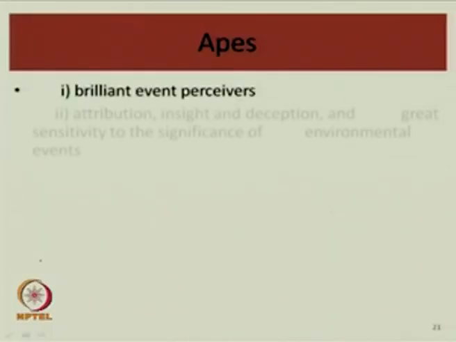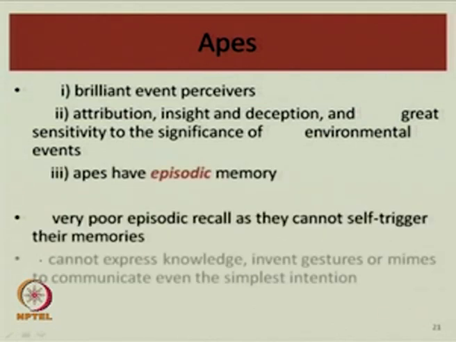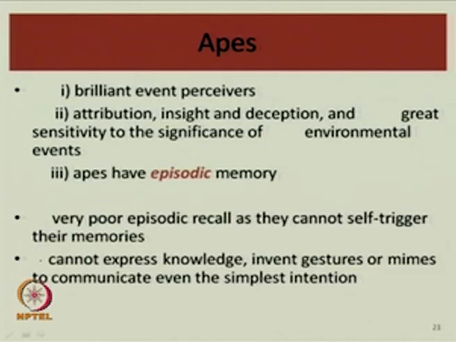Now we will look at what happens to apes. Why is it that apes did not achieve this level? A very important point here is that apes are our cousins, all right, in the evolutionary story, but apes have a memory system which Donald calls an episodic memory system.